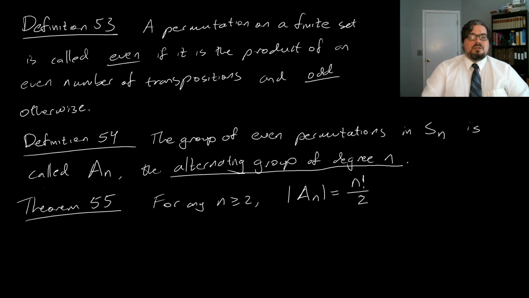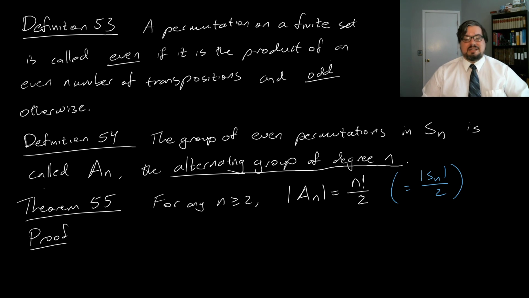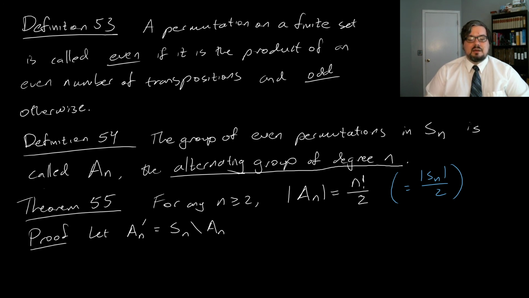Now, you'll notice, or you'll remember, that n factorial is the order of Sn, over 2. I won't go through the proof of this in detail, but I will mention what the strategy is here. So let's let An prime be all the things in Sn, but not in An, i.e. the odd permutations.